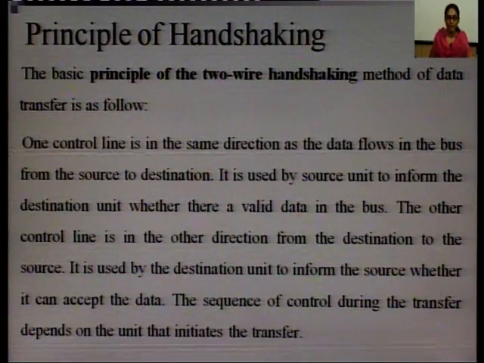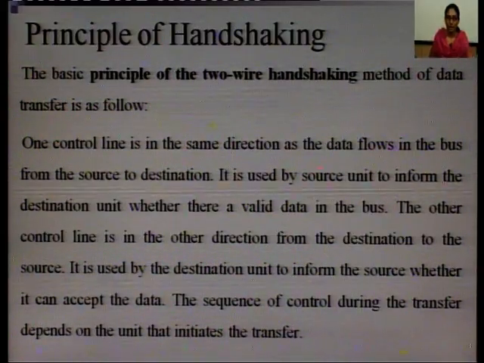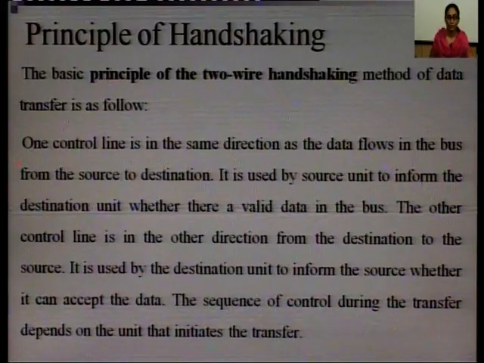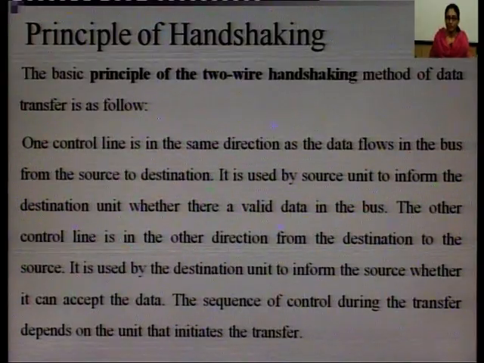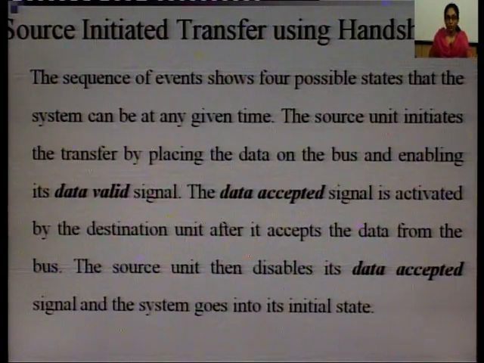It is used by the destination unit to inform the source whether it can accept the data or not. The sequence of control during the transfer depends upon the unit that initiates the transfer. The same two cases considered for the strobe signal are considered here. The first is source-initiated transfer using handshaking.